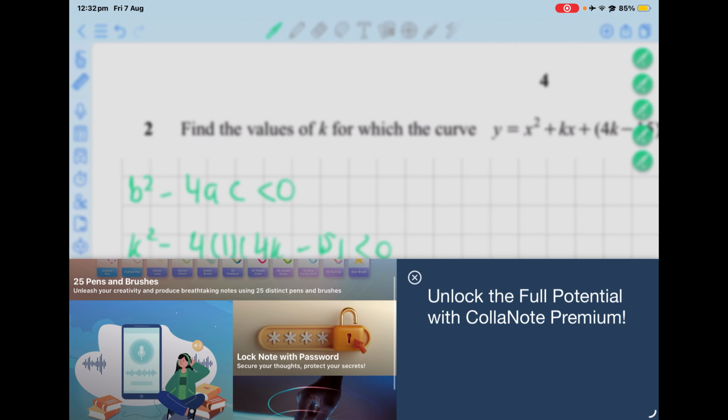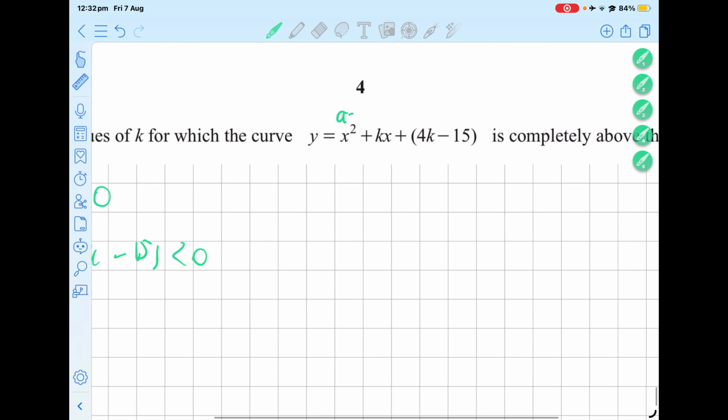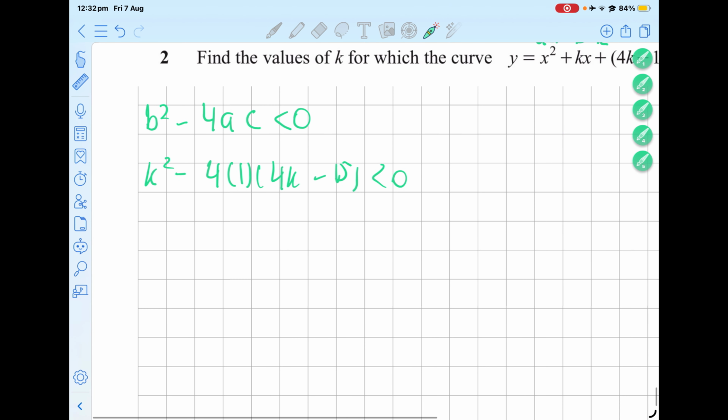By the way, a is 1, b is k, and c is 4k minus 15. Now I just need to find the values. So k squared minus 16k plus 60 must be less than 0.